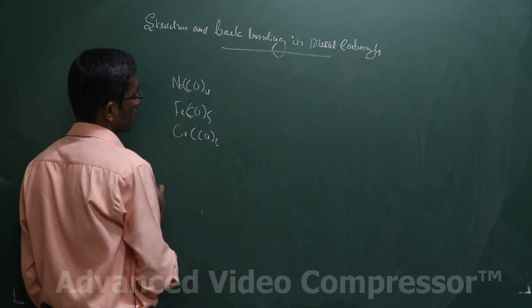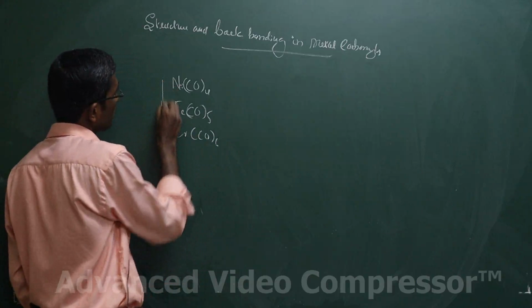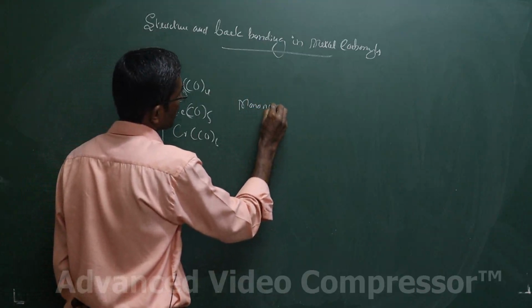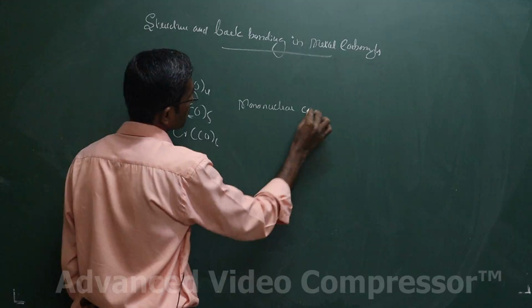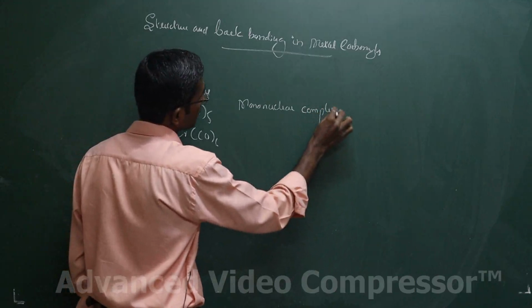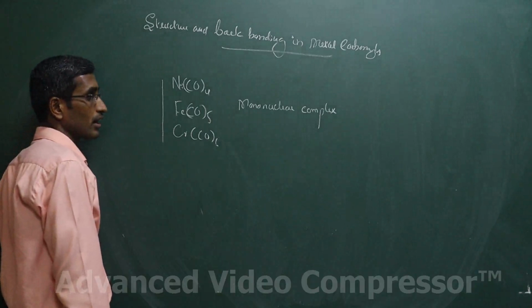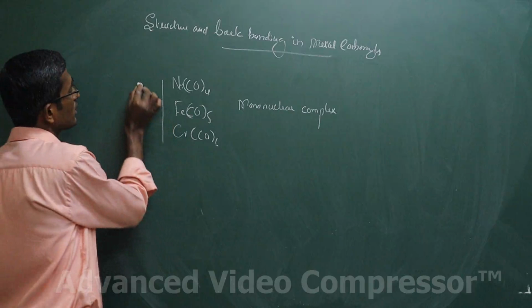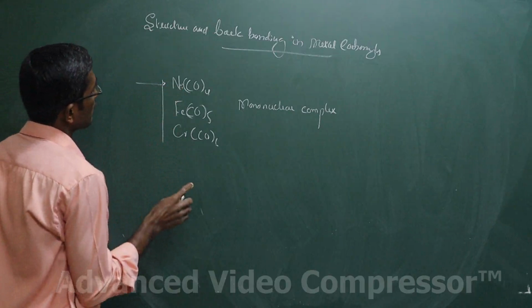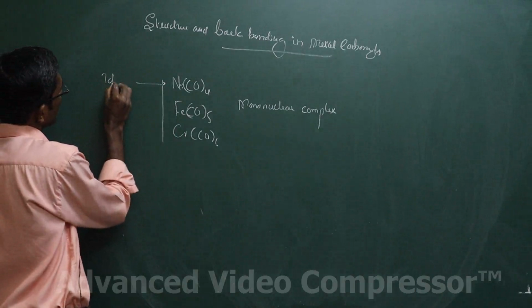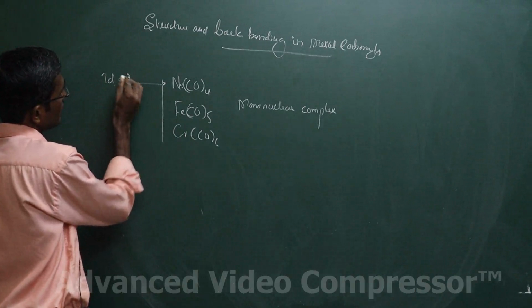Cr(CO)6. Right? So these are the mononuclear complexes. Mononuclear complexes means you have only one central atom. The structure will be regular. If there are 4 carbonyl ligands, it is tetrahedral and sp3 hybridization.